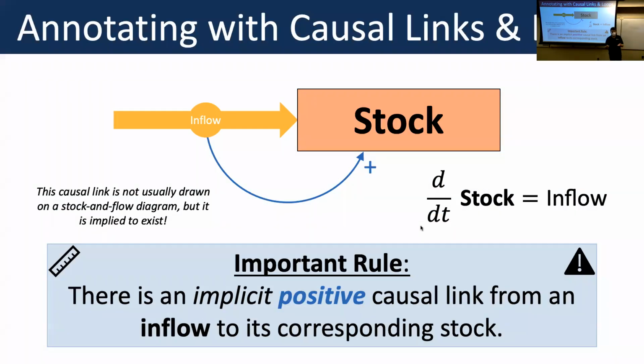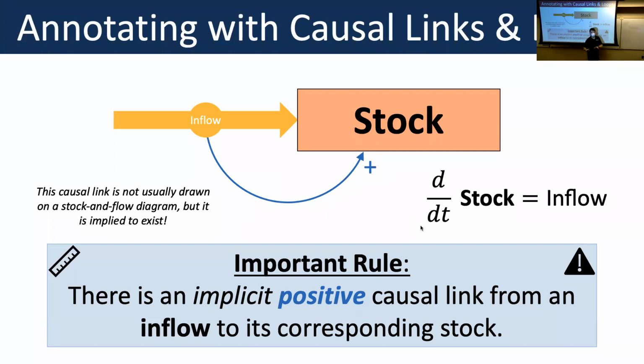All right, so we're drawing stock and flow diagrams. Like I said, sometimes we annotate them to help expose causal structures that relate back to the system dynamics archetypes that we saw in the previous unit. If I'm drawing an inflow to a stock, then I know that there is an implicit arrow, even though we don't draw this link.